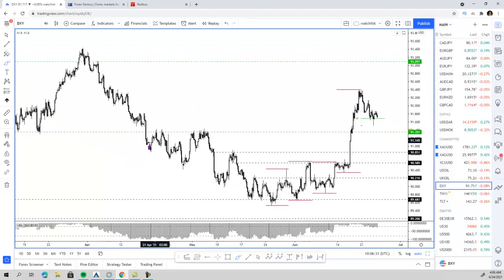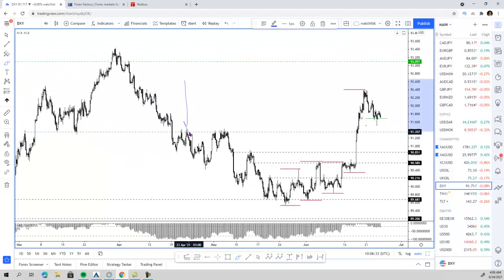Why? Because this is the level that sellers were protecting, and this is the level that we saw buyers jump in in March, before taking the DXY, let's calculate it from low to high, on a 2.36% rally.